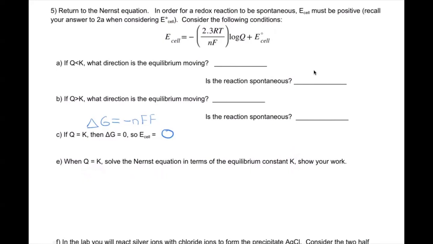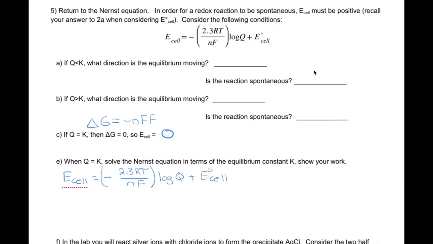Remember, we know when Q is equal to K that E cell is 0. Actually, I'll rewrite the whole thing so we can see each step. We have E cell equals negative 2.3 RT over NF times the log of Q plus E naught cell.